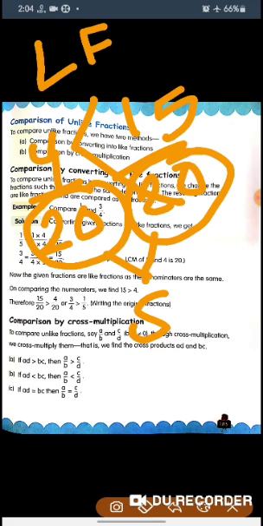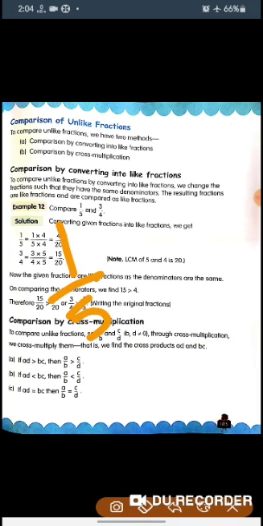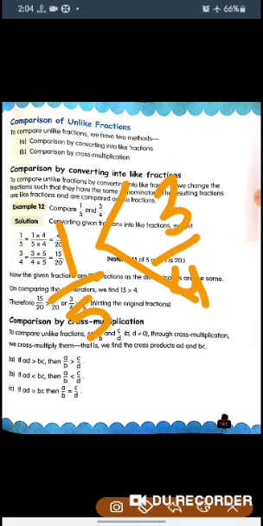In the original fractions, 4 by 20 was 1 by 5, and 15 by 20 was 3 by 4. So 15 by 20, which is equal to 3 by 4, is greater than 4 by 20. So 3 by 4 is greater than 1 by 5.